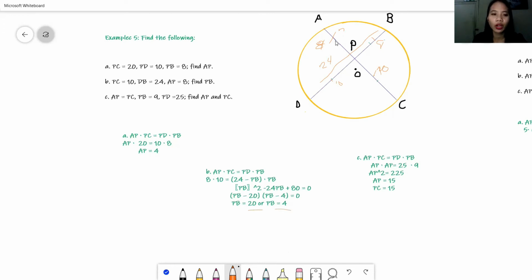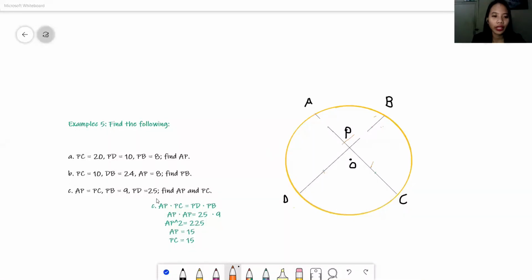Now let us proceed to our problem C. Given that AP and PC are equal, and that the value of our PB is 9 and the value of our PD is 25, let us find now the value of our AP and then PC.